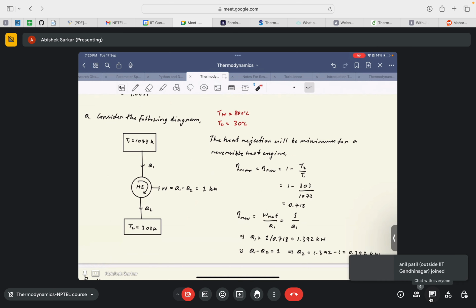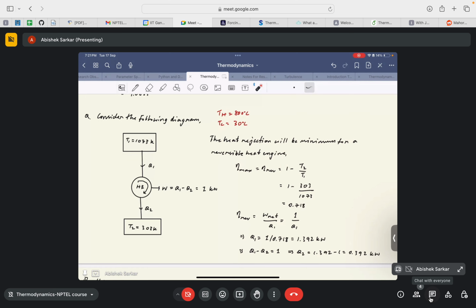So the temperature of the source is at 1073 Kelvin, and the temperature at the sink is at 303 Kelvin. Just add 273 to both, you will get the temperature in Kelvin. So the key thing to know is that the heat rejection will be minimum for a reversible heat engine. Okay, Q2 will be minimum for a reversible heat engine. So that was a crucial part for this problem.